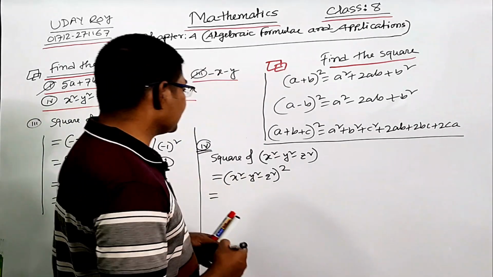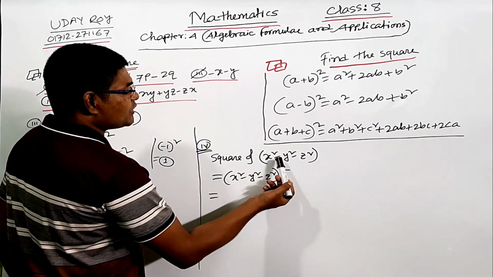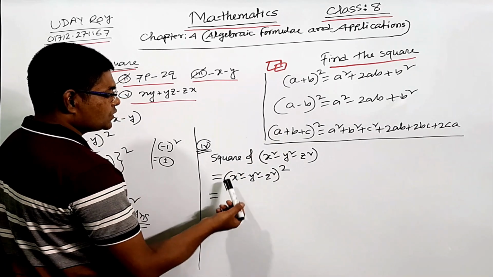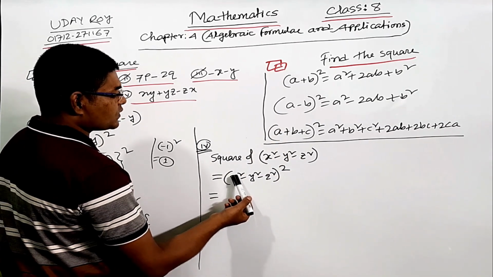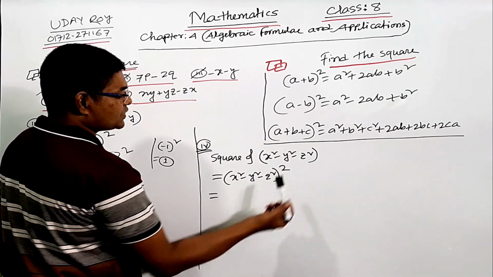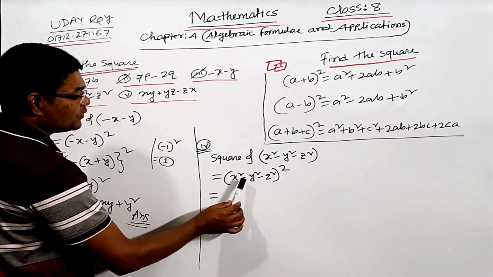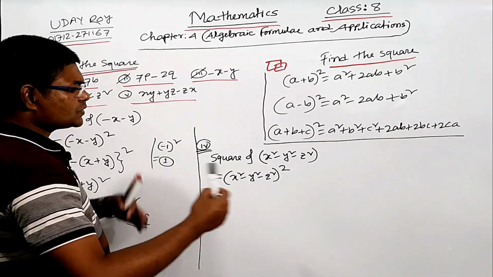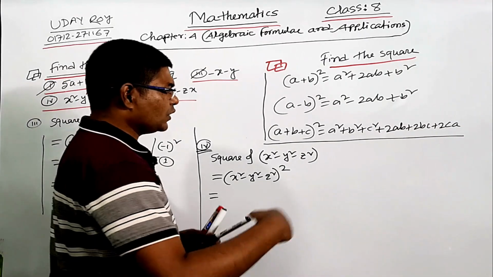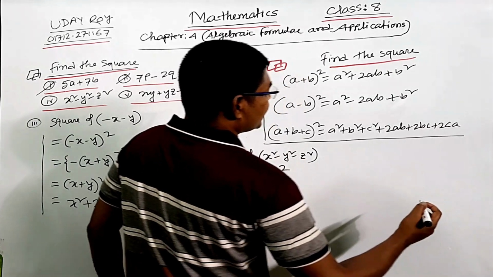So let's come back here. Here is x square minus y square minus z square, so we have got x square minus y square minus z square whole square. This is a, this is b and this is c. But here is minus, here is minus. So we can convert, follow the board here. So easily we can convert.